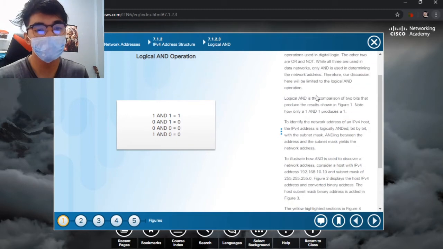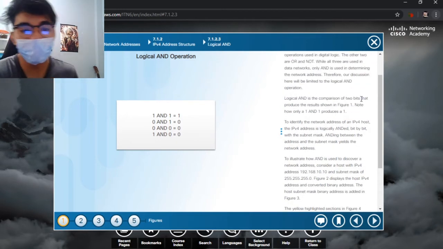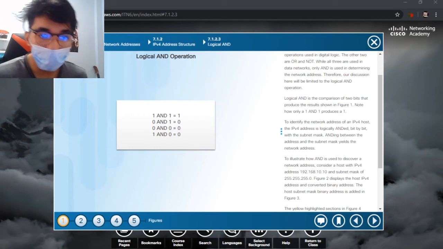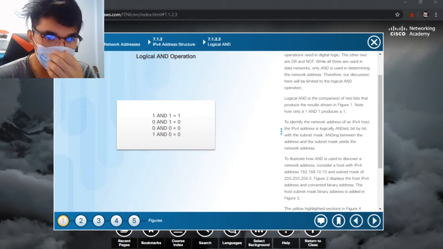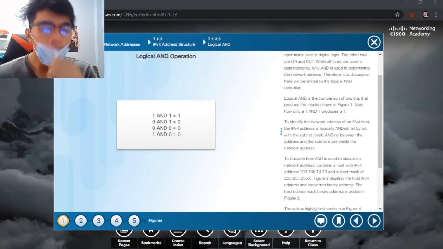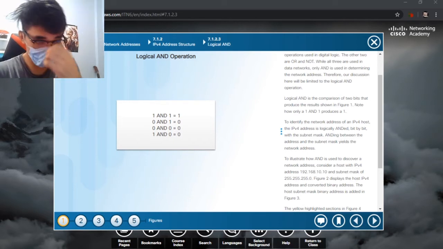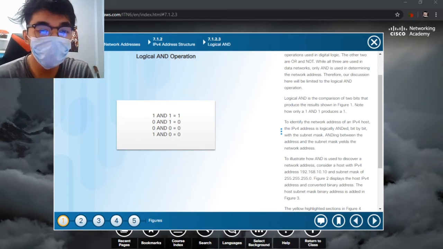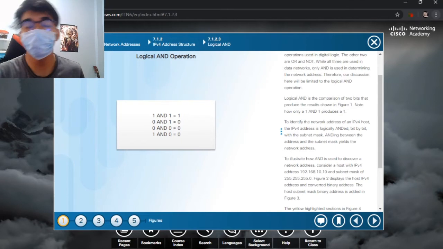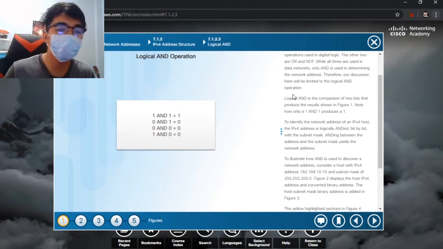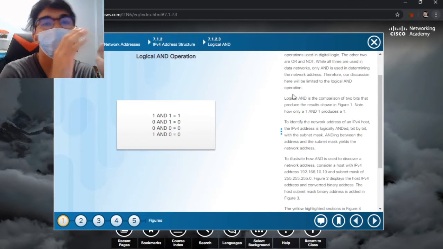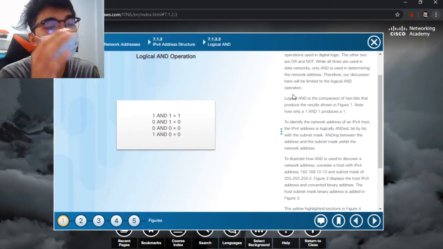Then logical AND is a comparison of 2 bits that produces the result shown in figure 1, as you can see in here. Note how 1 and 1 produce a 1. The simple operation for this is if there are 2 ones, it will be 1.